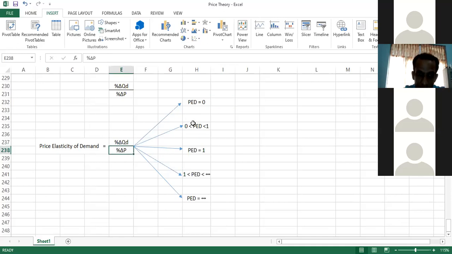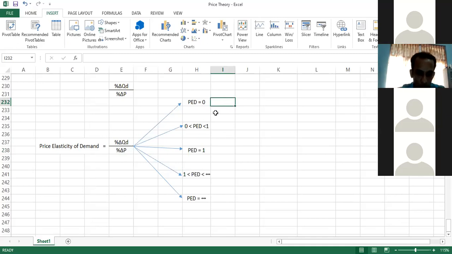Unitary elastic? Sorry, which elastic? Unitary. Zero means actually it is inelastic. And if it is zero, we use a special term, that is perfectly inelastic.